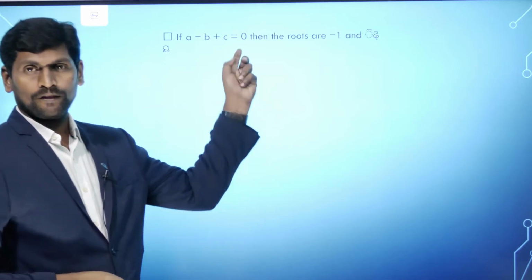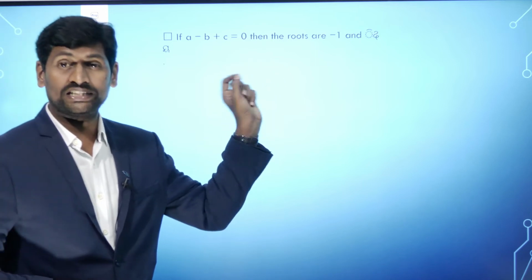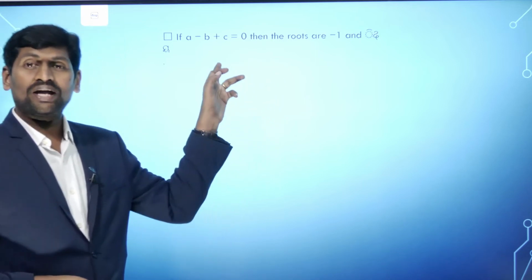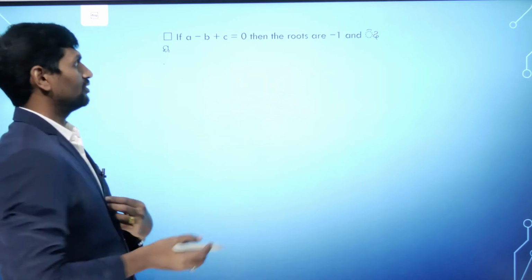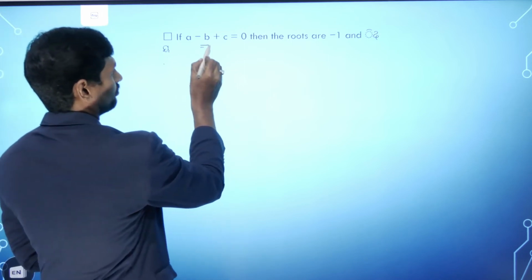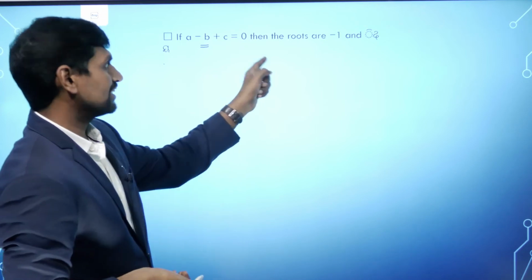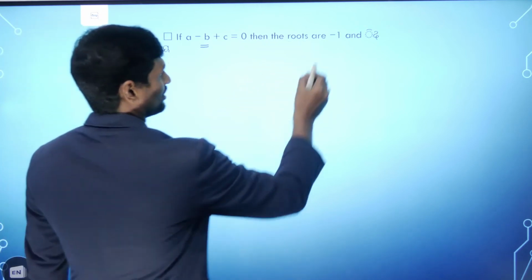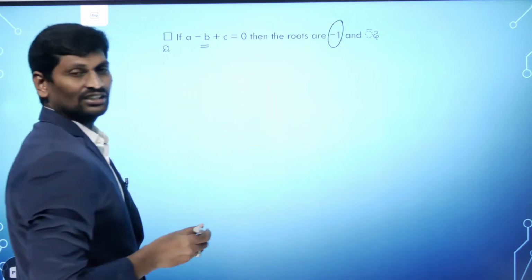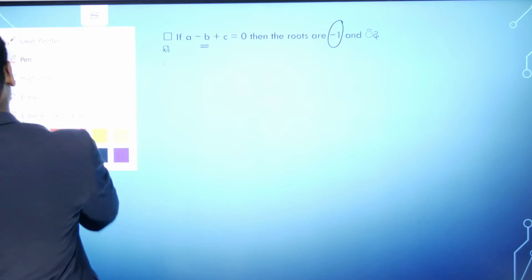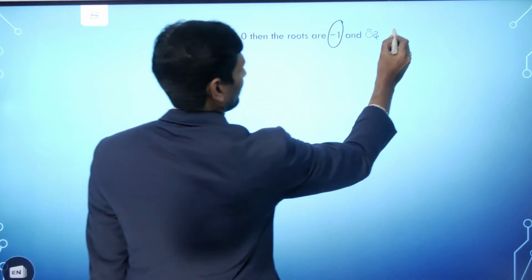Same, but there is a small change in the condition. A minus b plus c. So the middle term is negative. A minus b plus c equals to 0. Then the roots are minus 1 and minus c by a.